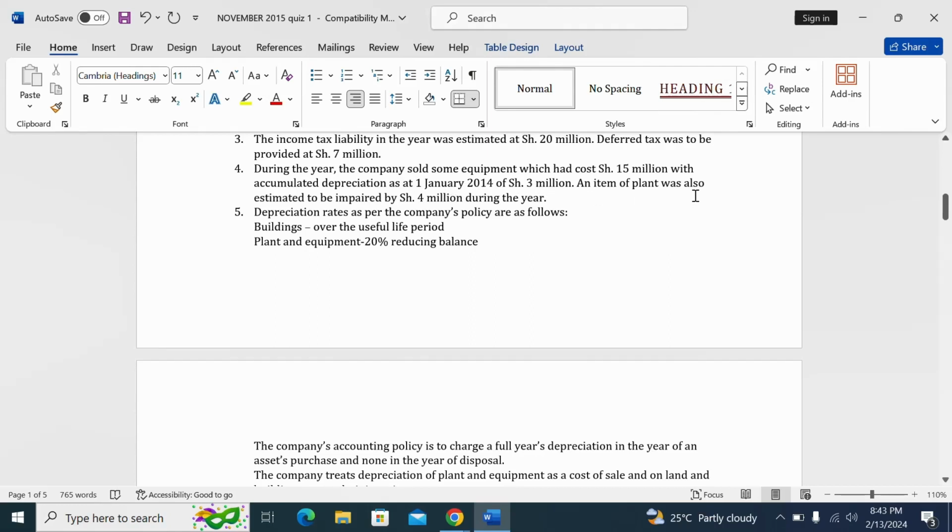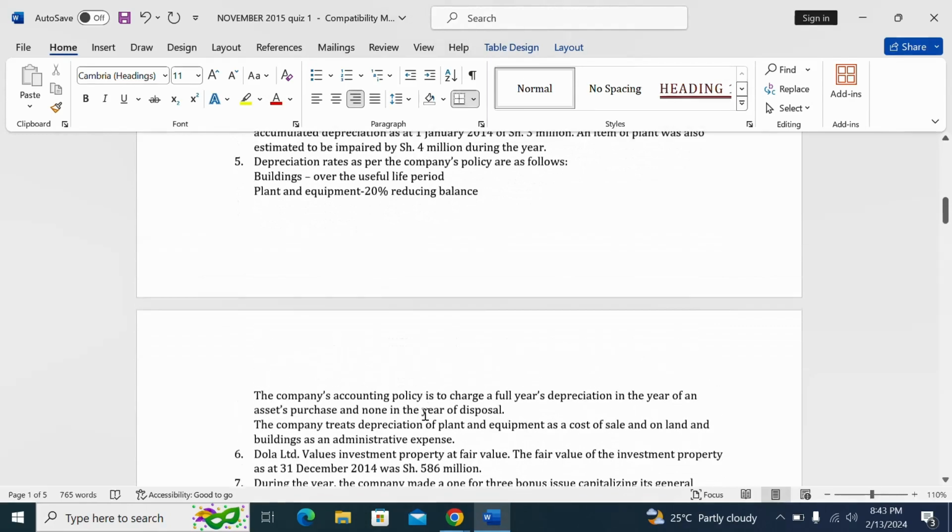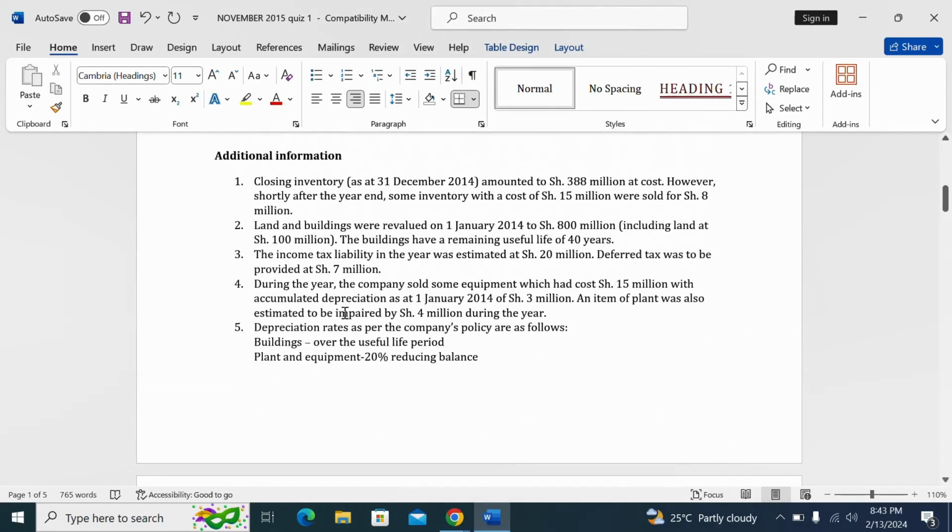An item of plant was also estimated to be impaired by shillings 4 million during the year. And remember, which items in this additional information are affecting our income statement, because currently we are dealing with the income statement, and later on we'll deal with the statement of financial position.